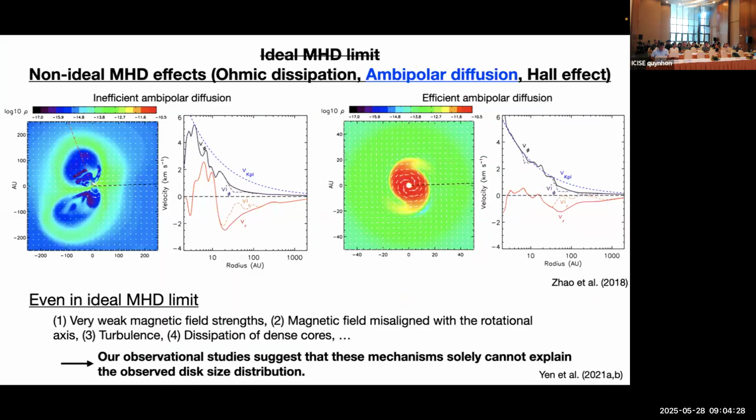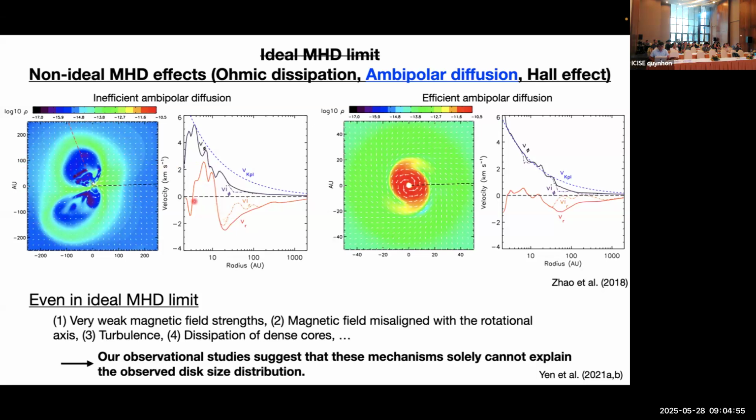One of the promising, probably the most natural explanations would be a non-ideal MHD effect, because we know molecular clouds are only weakly ionized. In such a case, it cannot be in the ideal MHD limit. The magnetic field cannot be perfectly frozen in the gas. So here I show two simulation results. This one is without efficient non-ideal MHD effect.